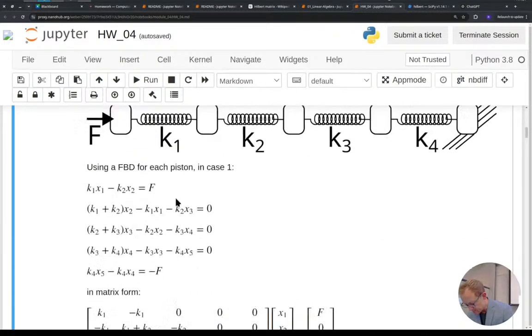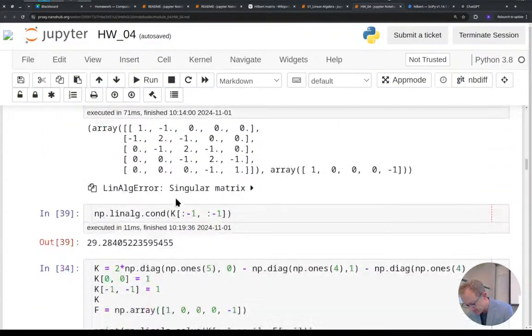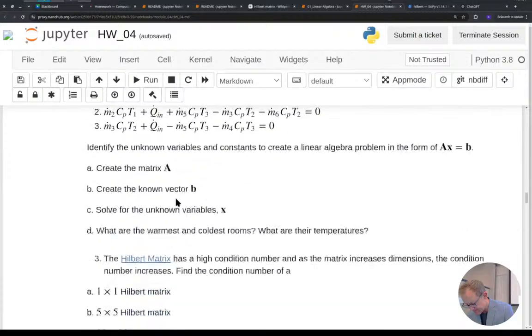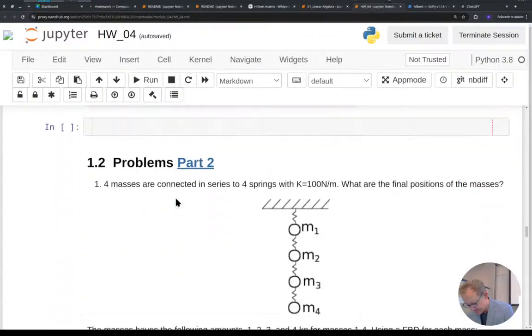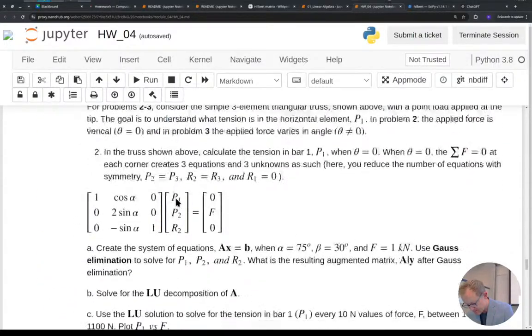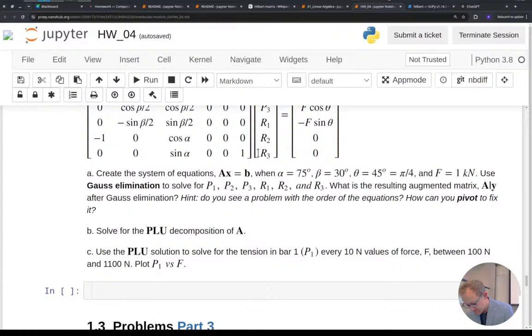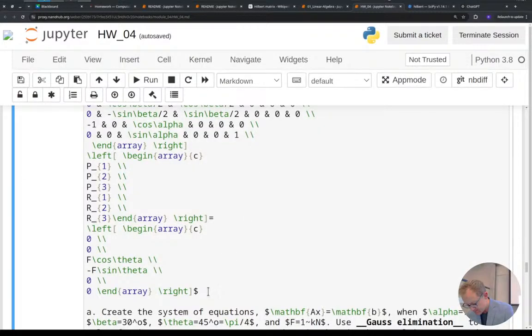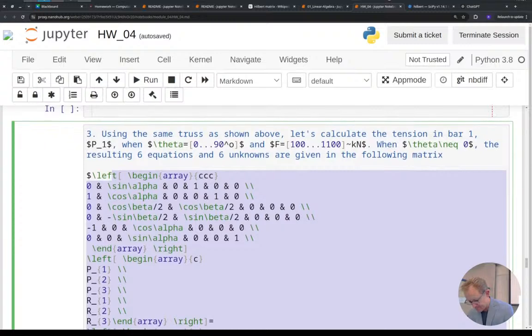So we're gonna go big. Try the big one first. It's pretty consistent for the X matrix on the 1 by 6.